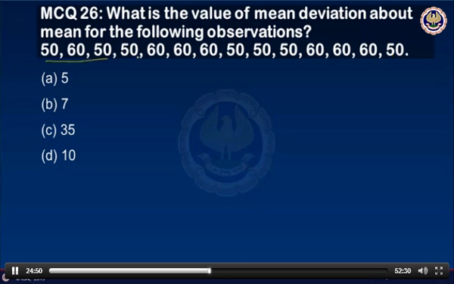If we look at these numbers, the 50s are repeated 7 times, 60s are repeated 7 times. So there are 14 observations.